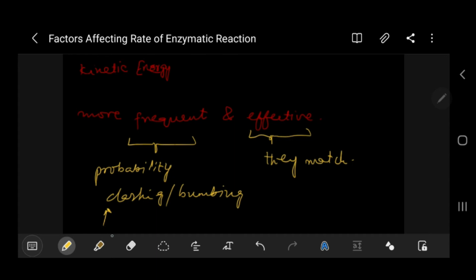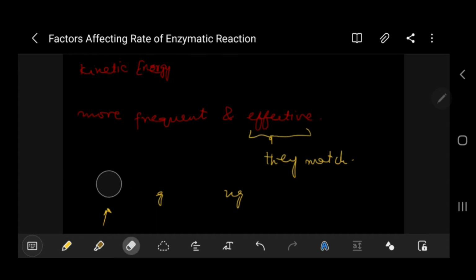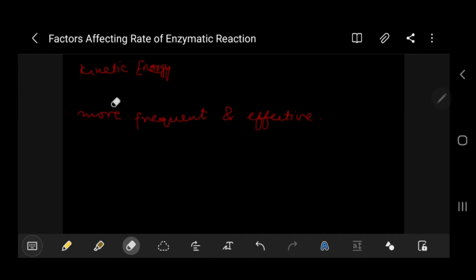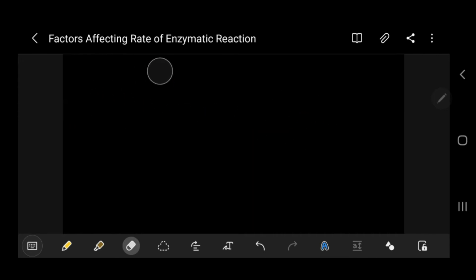The frequency increases due to their faster movement, and thus more enzyme substrate complexes form, and hence more products.